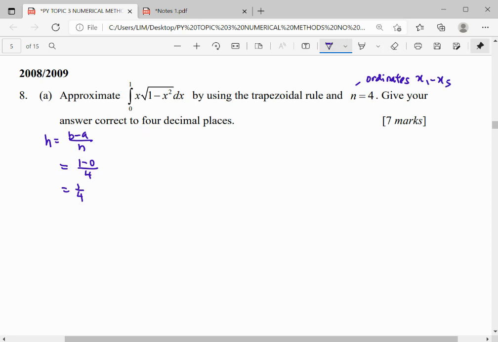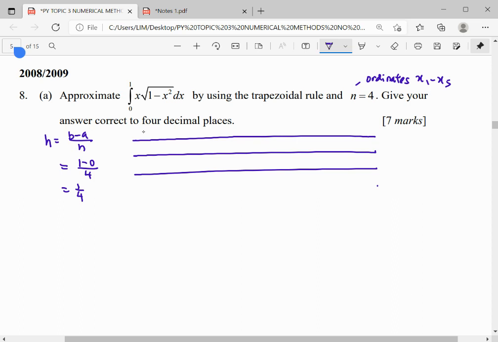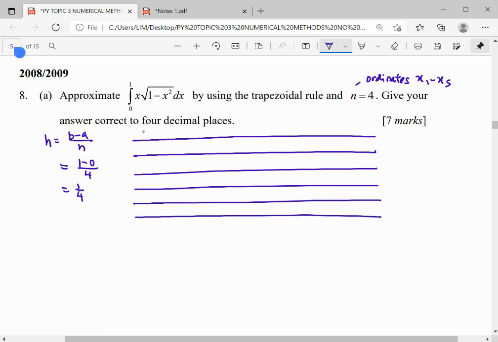So we draw out our table: 5 ordinates, 5 rows, plus the total row, so it will be 7 rows. 1, 2, 3, 4, 5, 6, 7.